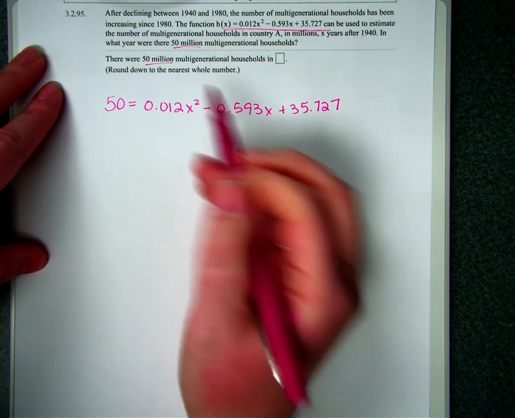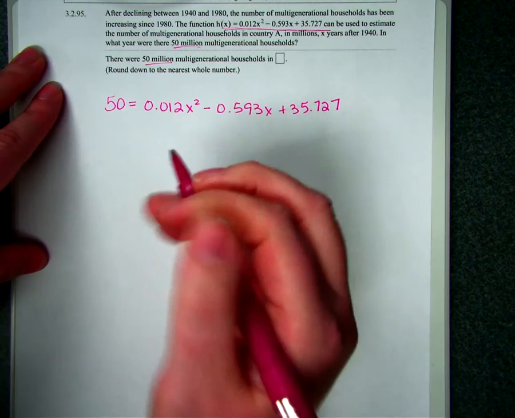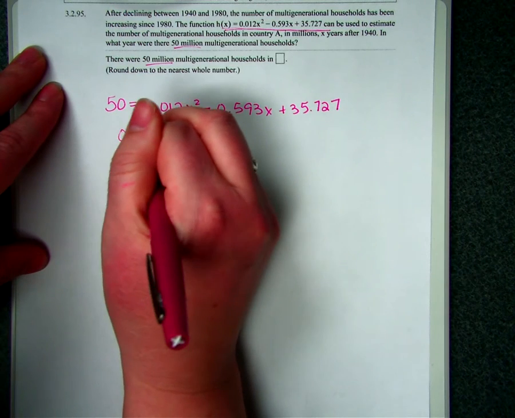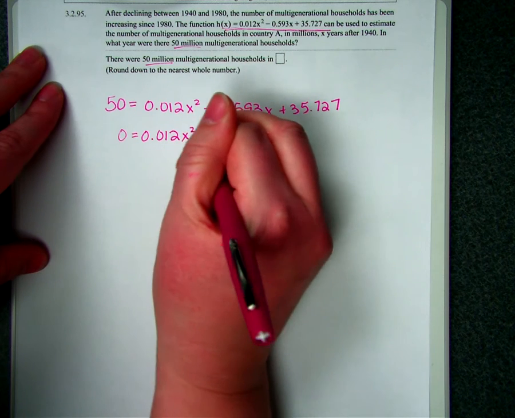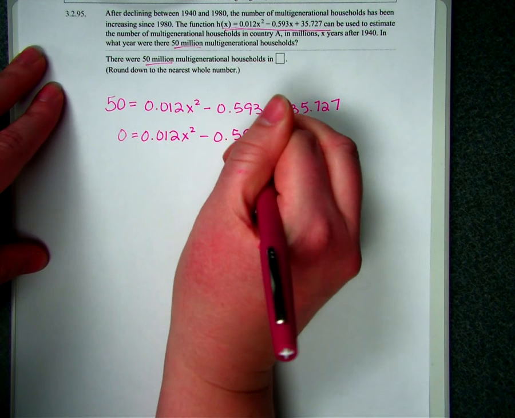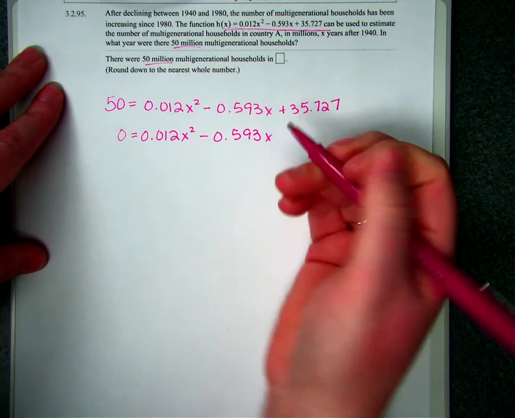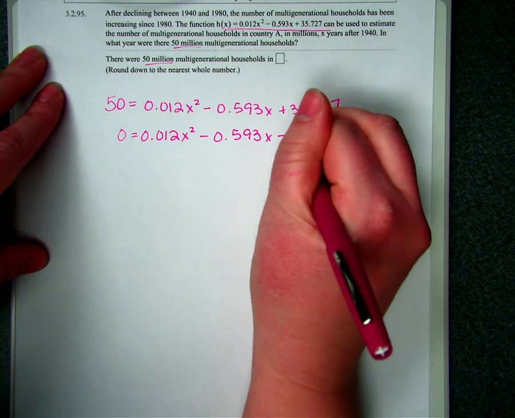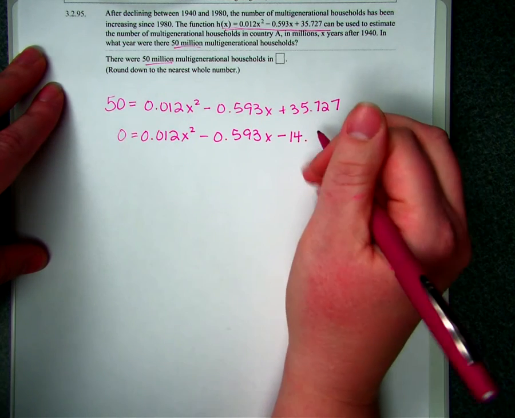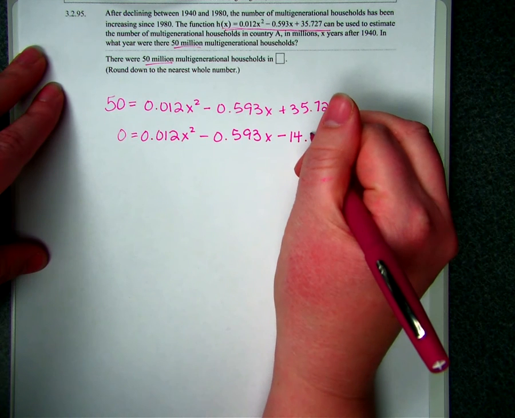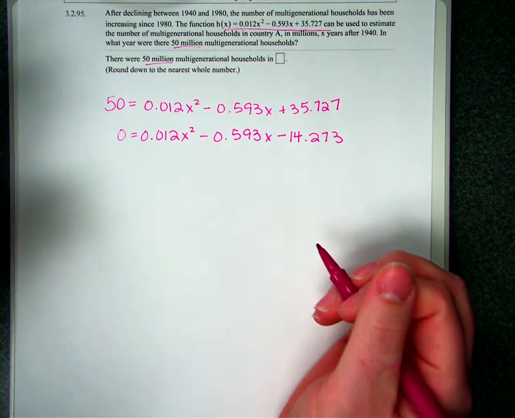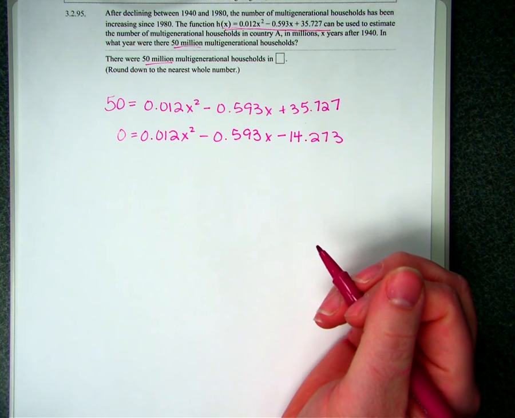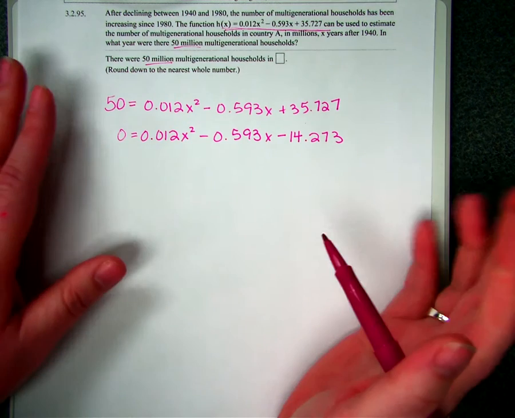Okay, it is a quadratic since it is the second degree, so we're going to set this equal to 0 to be able to solve. We do that by subtracting 50 from both sides, and if we do that, we get negative 14.273.